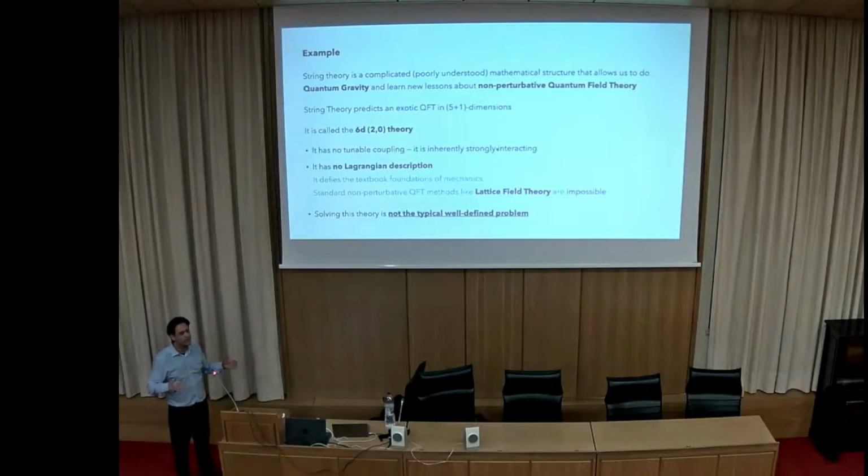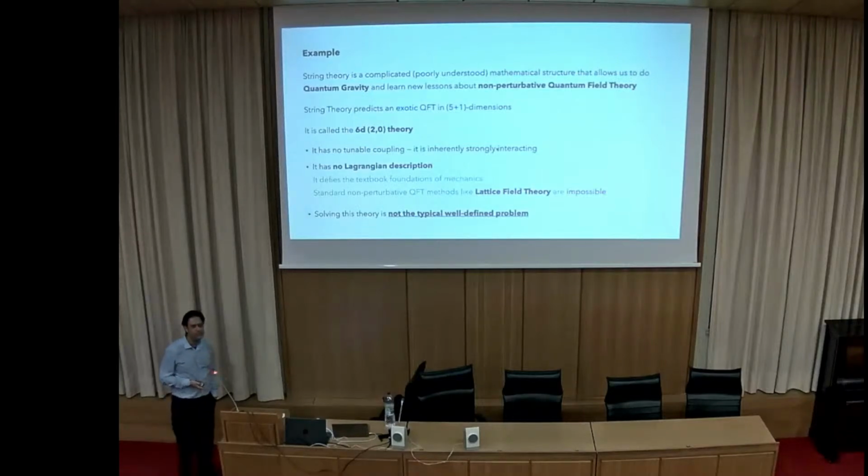So it provides a more general framework where some of these answers can be understood, and this framework itself is very poorly understood because it's very, very complicated. In particular, string theory predicts an exotic QFT in 5+1 dimensions that everybody here knows. It is called the 6D (2,0) theory. It has no tunable coupling. It is inherently strongly interacting.